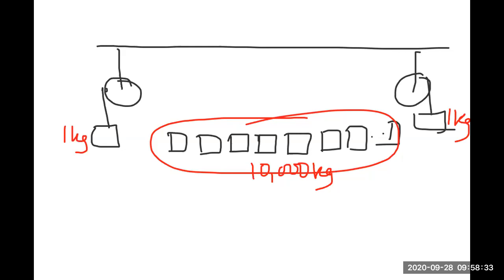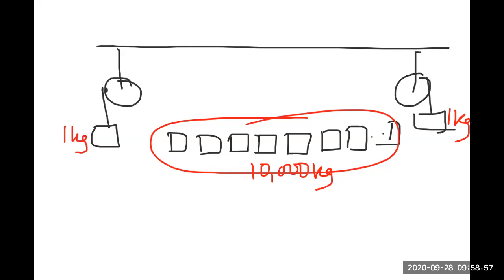The 1 kg block on the two sides will go down and the 10,000 kilogram will go up. So essentially using the Atwood machine, so this is also called an Atwood machine. Using this Atwood machine, and if you look at the exercises that I have given you, उसमें और भी complicated और अच्छे Atwood machines दिए हुए हैं.